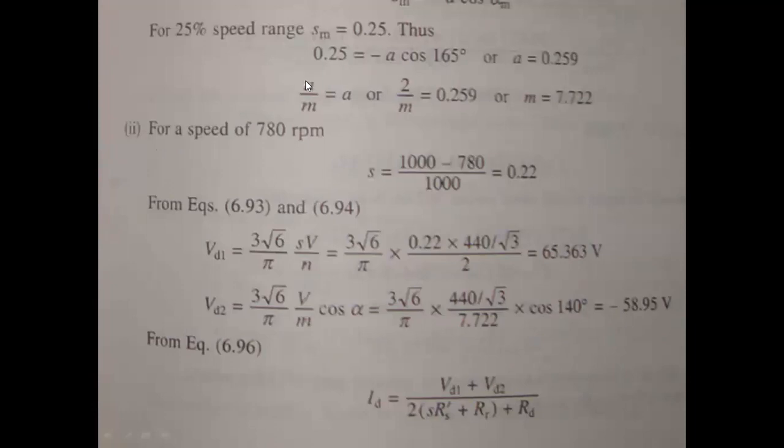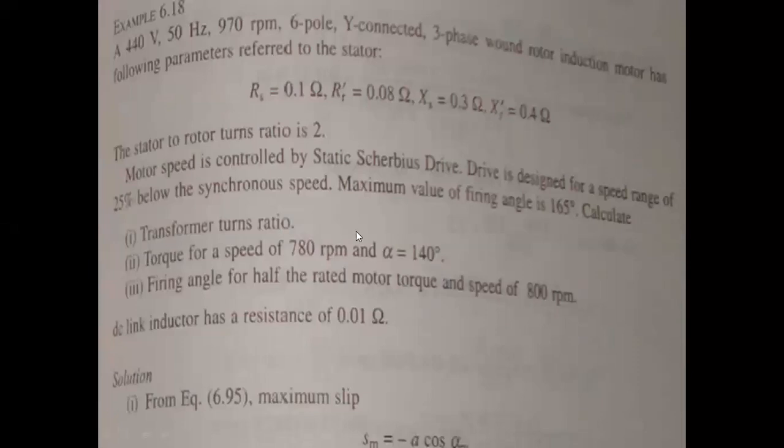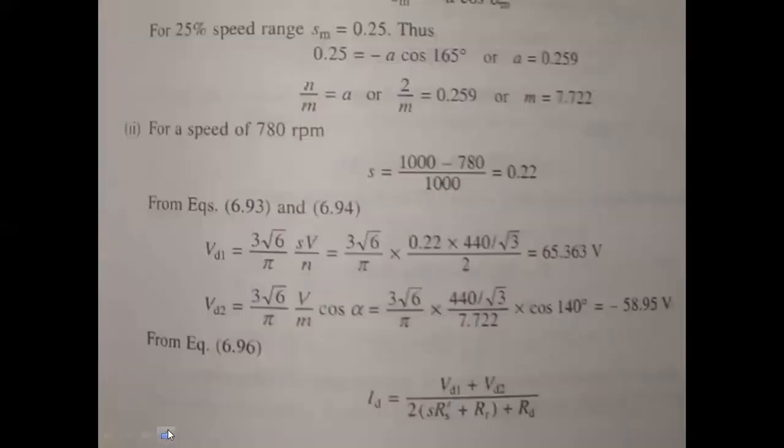So we have to find out the value of M. From N by M is equal to A, M is equal to 7.722. Okay, so this is the turns ratio M, nothing but the transformer's turns ratio.